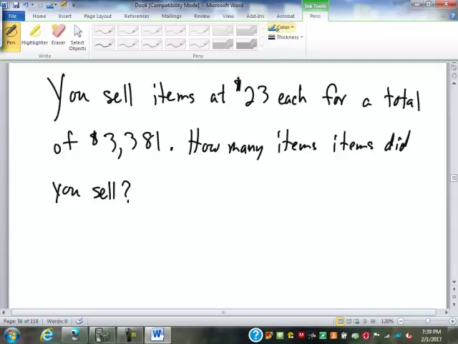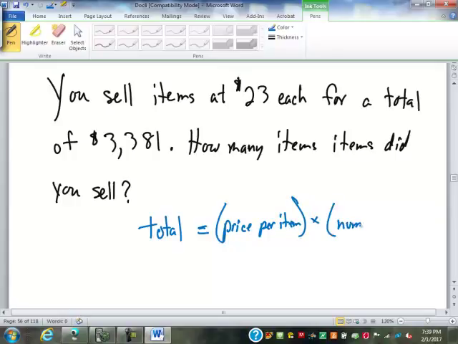Here, your total, and I'm going to just write it out in words, has to equal your price per item times your number sold. Does that make sense? Total dollars is price per item times the number you sell.